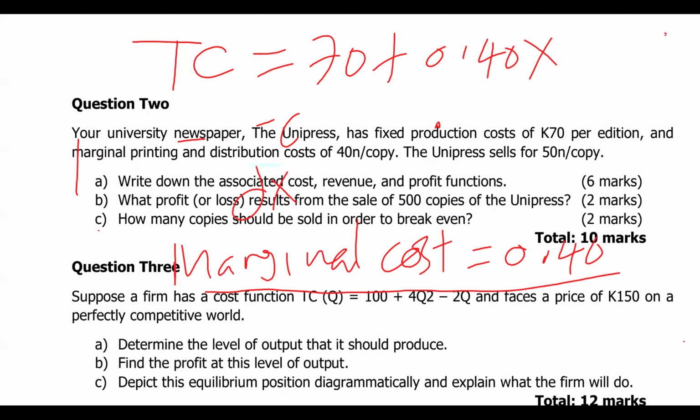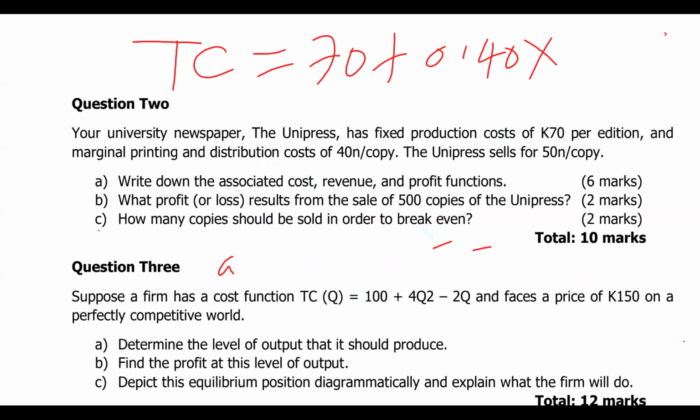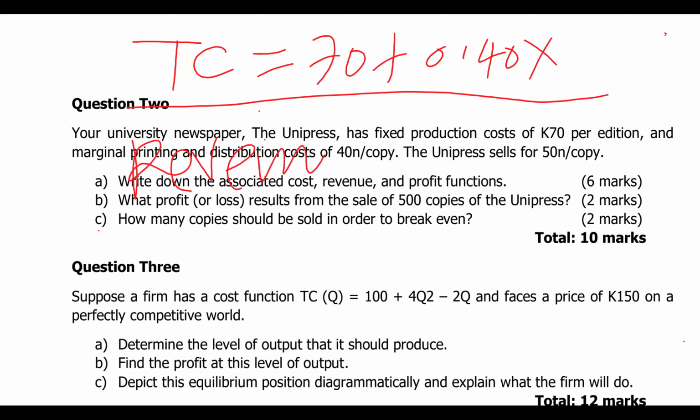To find the revenue, remember, revenue is price times output. Our output in this case is X, the quantity, the number of copies. One copy's price times the number of copies.